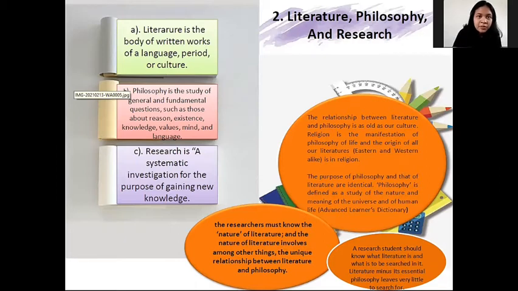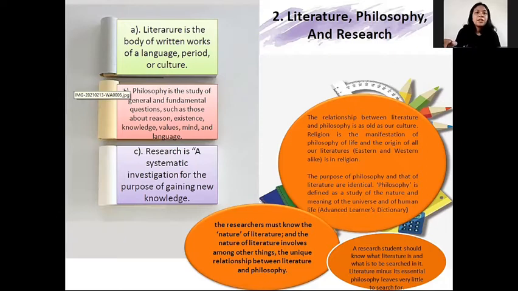Religion is the manifestation of philosophy of life, and the origin of all our literatures, Eastern and Western, is in religion. Vedic literature, epics like Ramayana and Mahabharata, and the tradition of saint poetry like Dohas of Kabir have demonstrated the relationship between literature and philosophy.